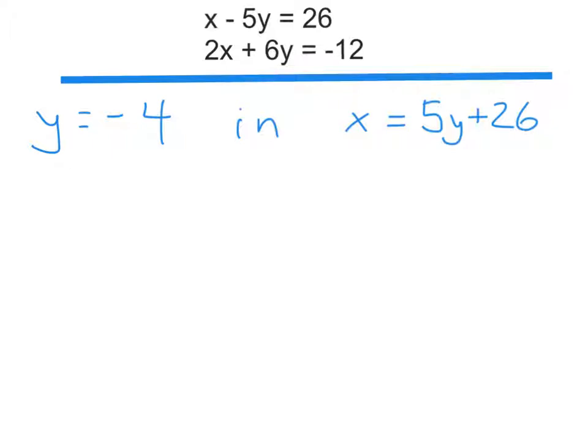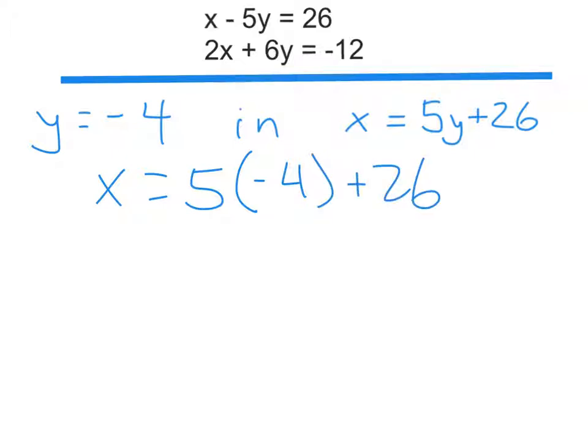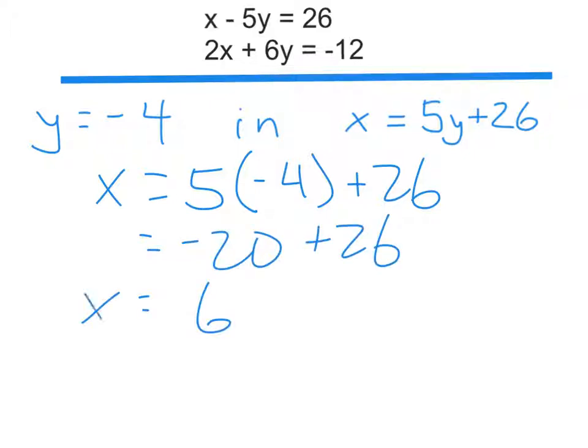You can plug this into either of the original equations, but it's actually easiest to plug it into the substitution equation. Right, this is just the top equation solved for x, which we already did. So if you plug this y right in there, it just reads off what x is. We'll have x equals 5 times, instead of y, negative 4, plus 26. 5 times negative 4 is negative 20, and that gives us 6.